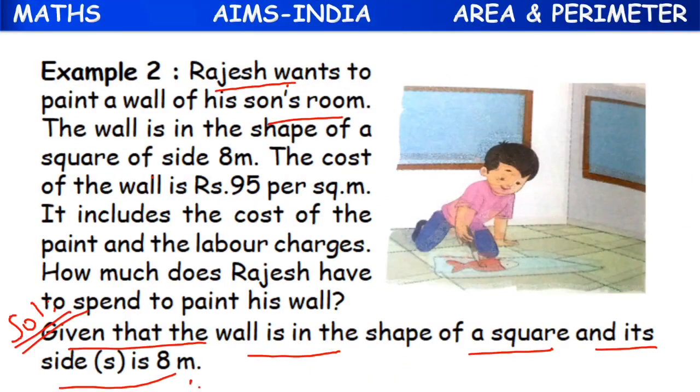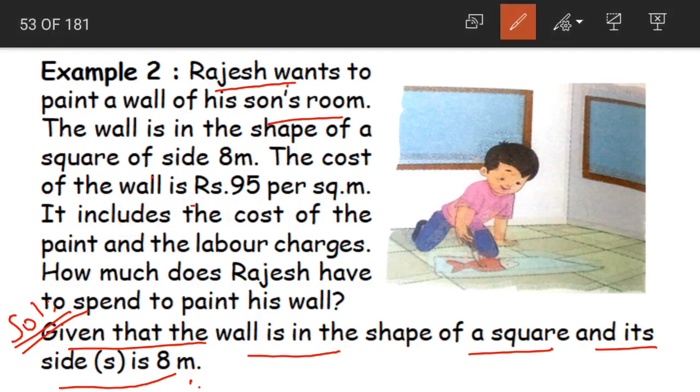Now again, the cost of painting should also be found out here. The cost of painting the wall is 95 rupees per square meter. That means for 1 square meter the amount is 95 rupees.